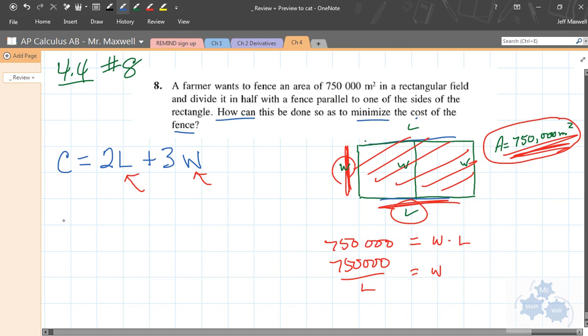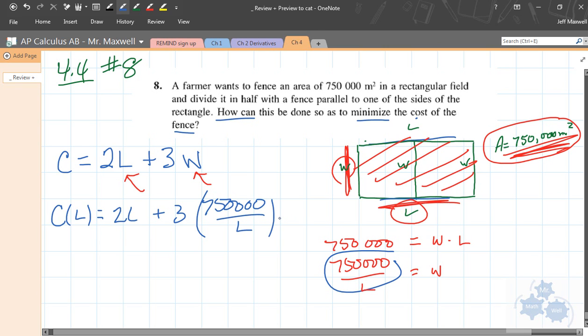So the cost now is going to be in terms of L alone. It's going to be a function now. 2L plus 3 times W is this right here, 750,000 over L. We should simplify this now. We've got one variable, so that's great. We should simplify this because you don't want to take the derivative right now.